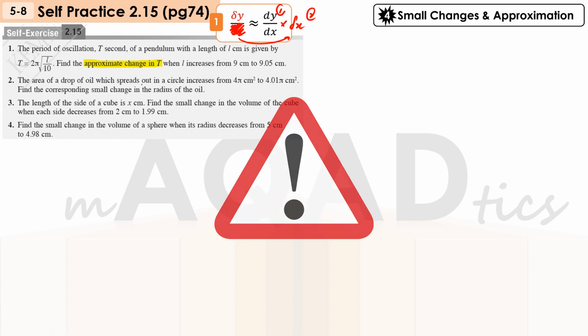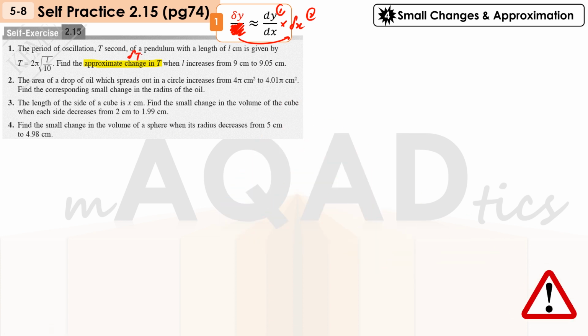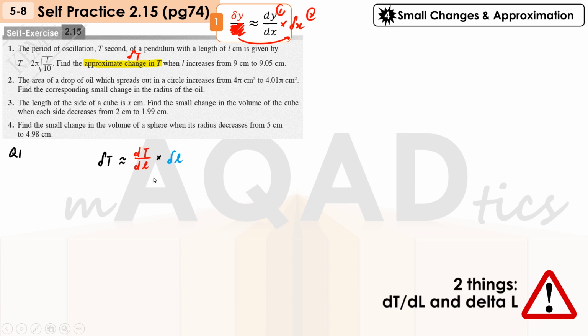Approximate change in T means we need to find delta T. According to this equation, delta y becomes delta T, and dy over dx becomes dT over dL, because L is related to T. So we need to find 2 things: one is dT over dL, and the other is delta L.